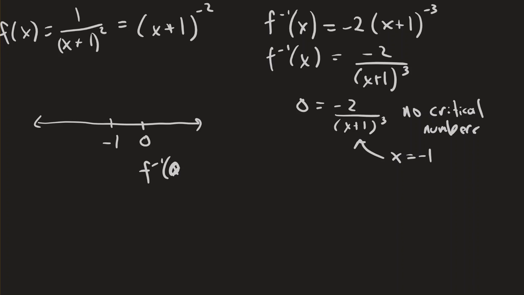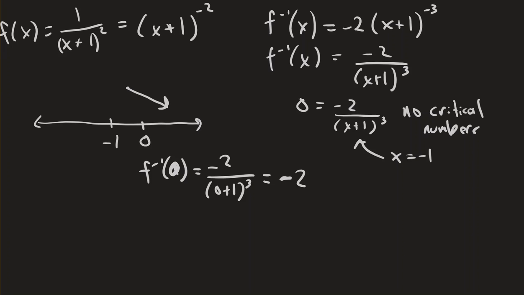And if I plug 0 into the derivative, like this, it ends up giving me negative 2. So the negative 2 is helpful to know exactly the slope of the tangent line when x is 0, but more importantly I want to see that the slope is negative on this side of the asymptote.